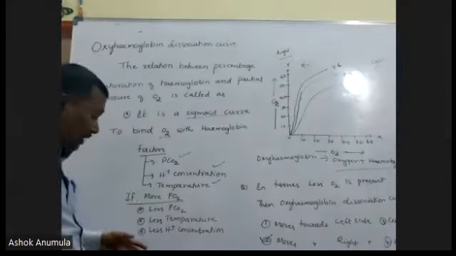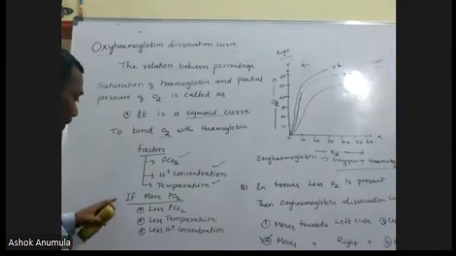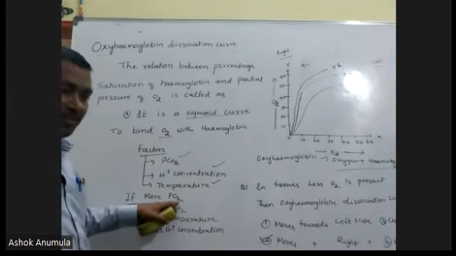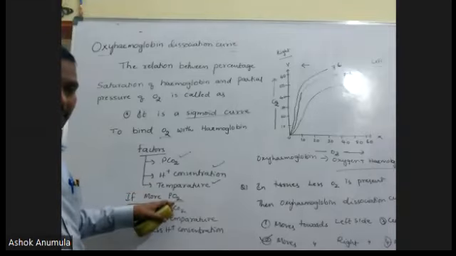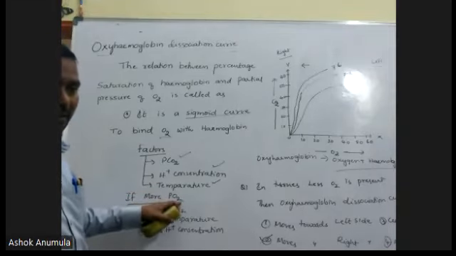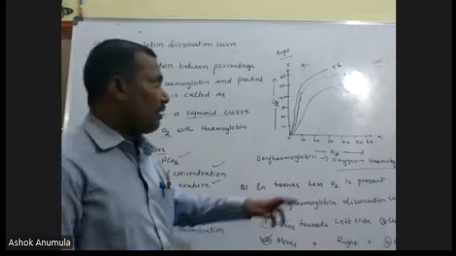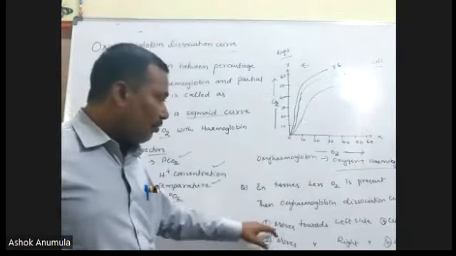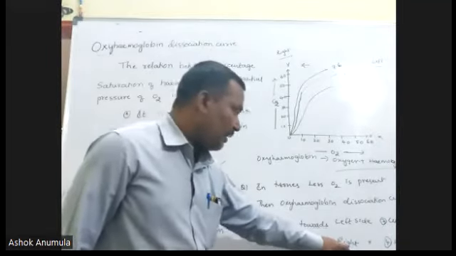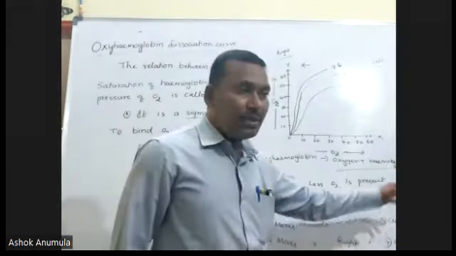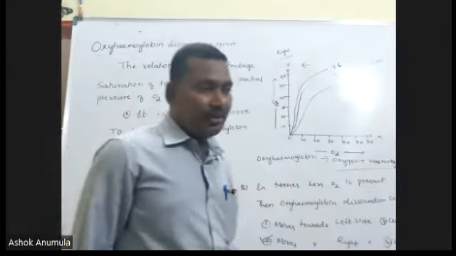From this area, the question will be asked like this: if more PO2 is present, the curve moves towards: first option, moves towards left side; second option, moves towards right side; third option, the curve does not change; fourth option, none of these.